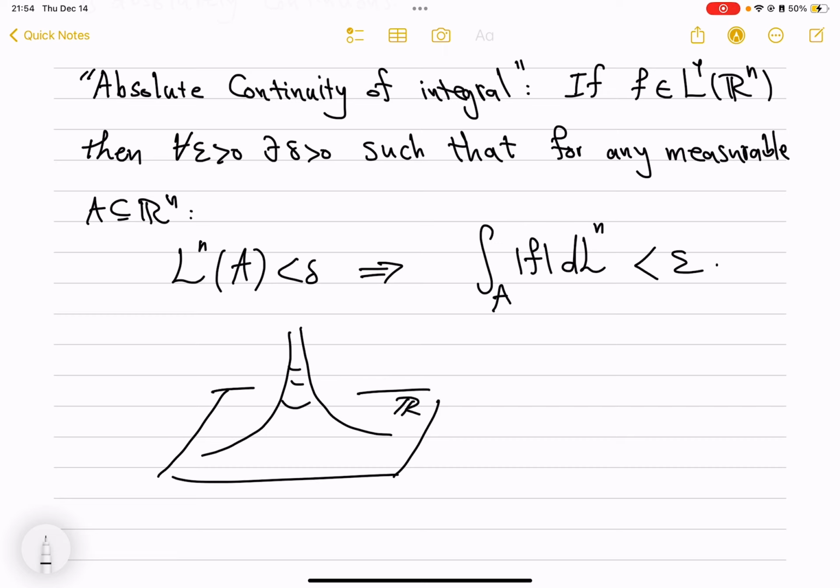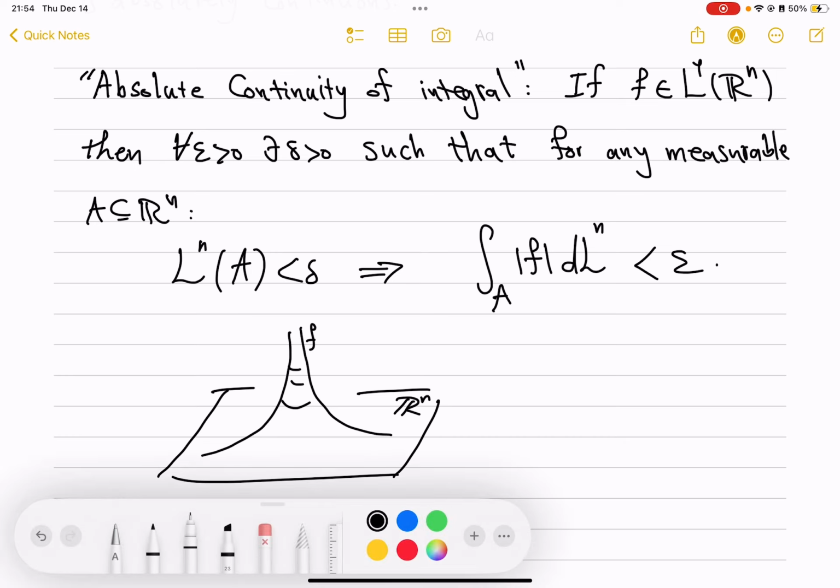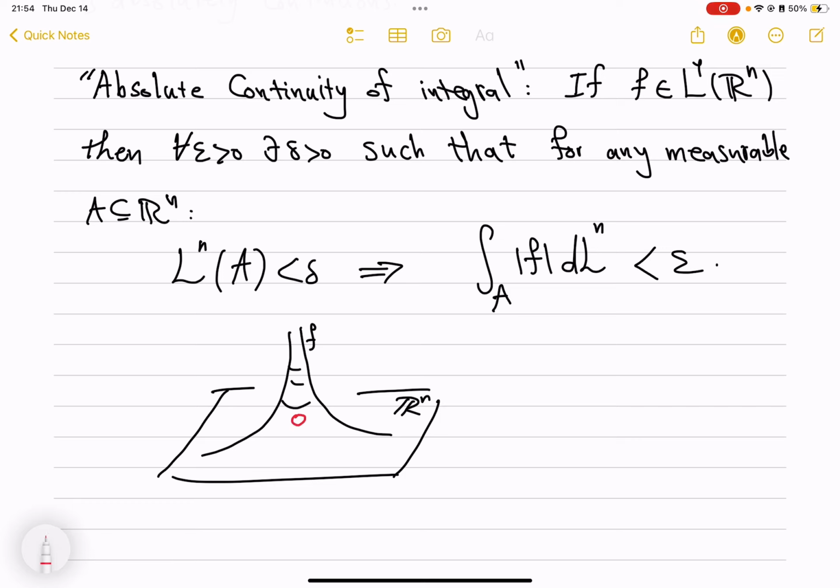So Rn is flat lying down, and this is the function f. What this theorem is saying is that you cannot concentrate the integral too much along just the blow up. If you take a small set here, although f is really large, the compensation is in favor of the smallness of the set, so that the integral will be small even though f does blow up to infinity.